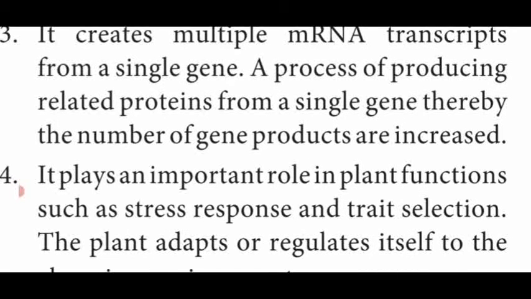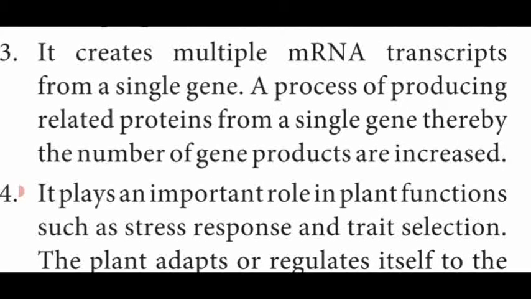Then this process produces multiple mRNA transcripts from a single gene. The gene is also responsible for producing proteins from a single gene. So the number of gene products is increased. An individual gene produces multiple proteins, isn't it? So the number of gene products is increased to produce many multiple proteins.